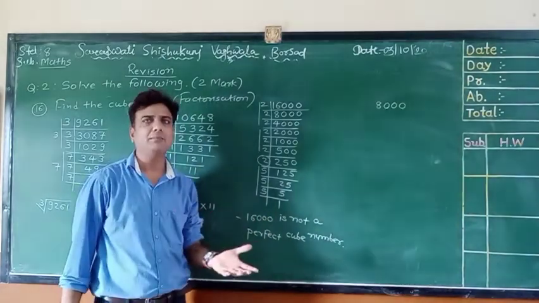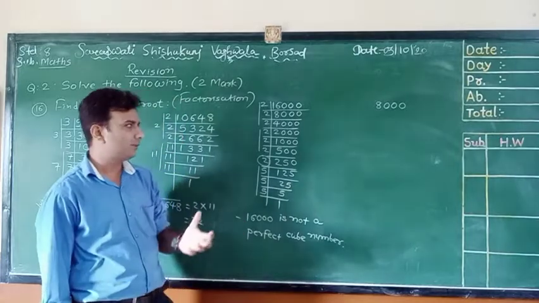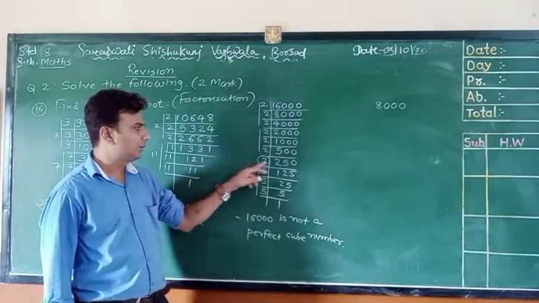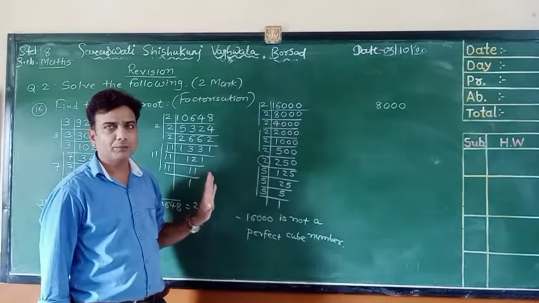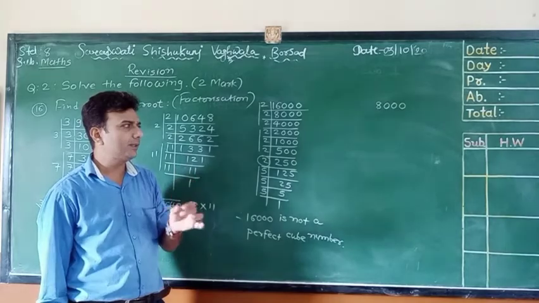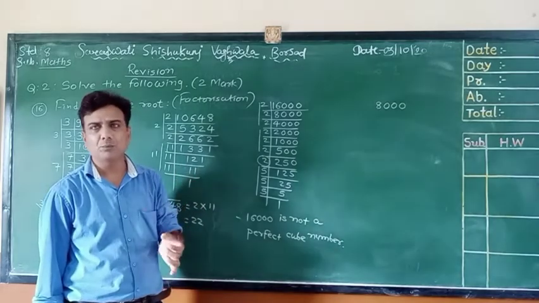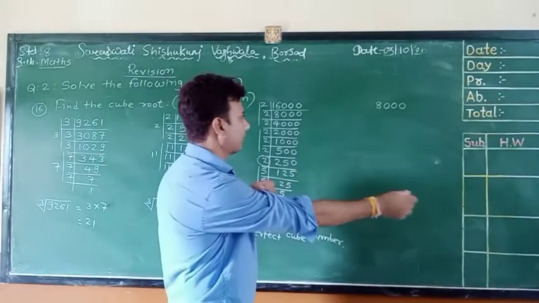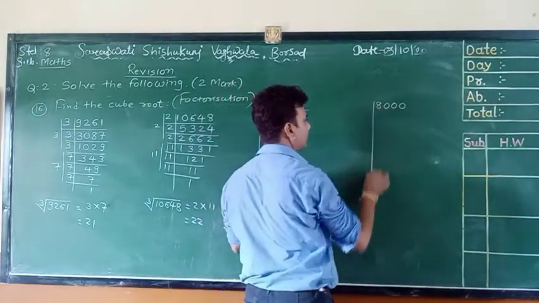Otherwise, in a second way we can say this: if in 16,000 we remove this 2, then it will become a perfect cube number. So in another way we can say 16,000 should be divided by 2, then it will become a perfect cube number. Is it clear?